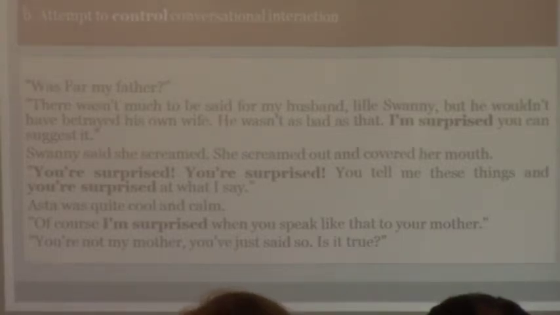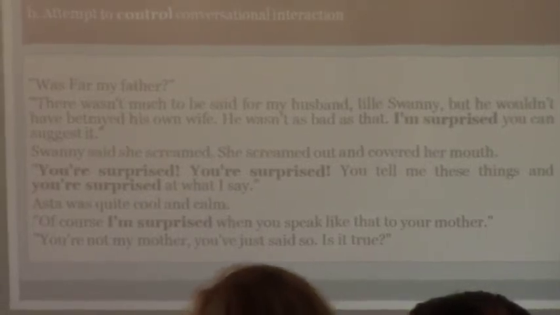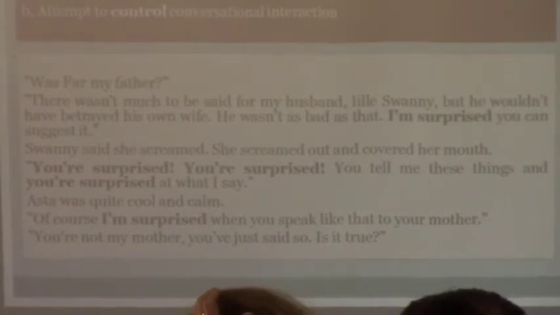The first occurrence of "I'm surprised" has scope over a specific situation. The second one, however, "I'm surprised when you speak like that to your mother," has scope over an iterative situation. The source of surprise is then said to be not the content of Swaney's suggestion, but the way she speaks to her mother.